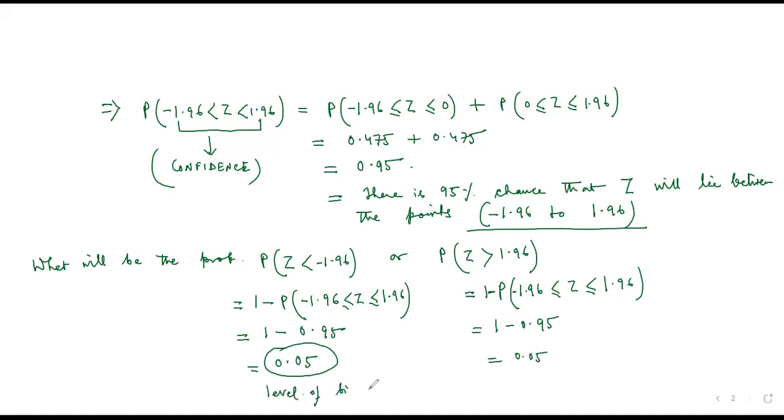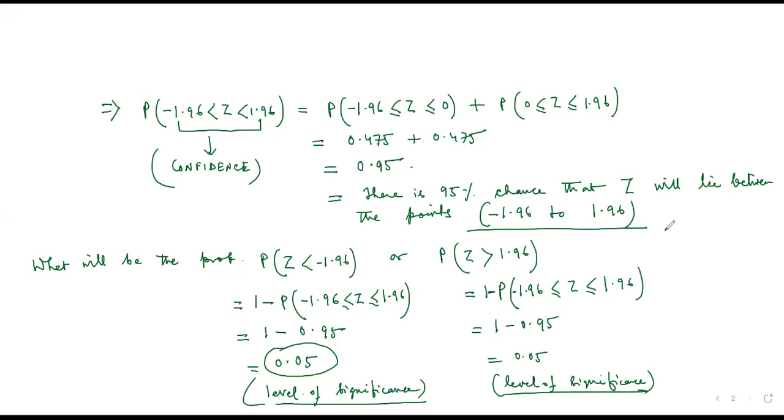So what we have got from here is that level of significance is actually a kind of probability that we are calculating. So what is level of significance? It is a probability with which we reject the null hypothesis.